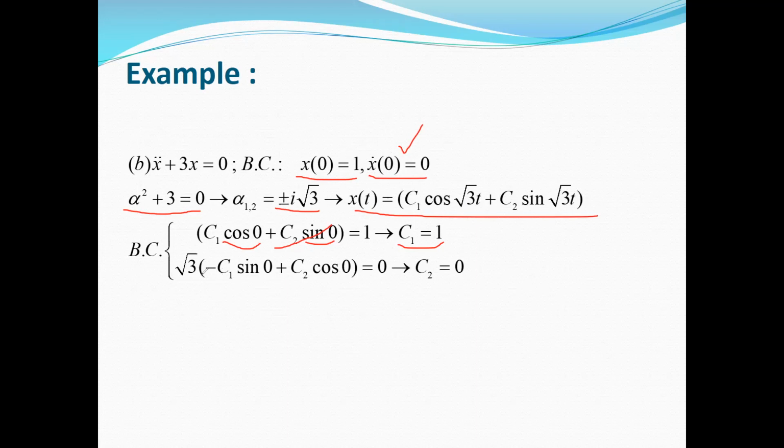If you substitute here t equal to 0, we will have minus c1 sine 0 plus c2 cosine 0, and it must be equal to 0 from this initial condition. So here this term is 0. We will have c2 times square root of 3 is equal to 0. So we can conclude that c2 is equal to 0, and we can substitute here and obtain x(t) for this part, which is equal to cosine square root of 3t.